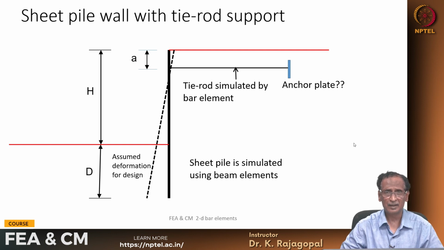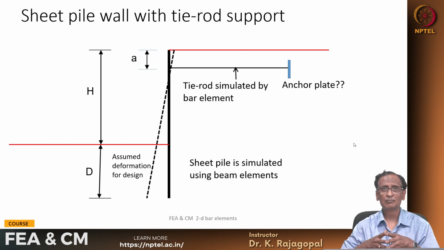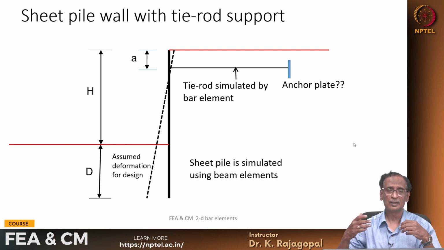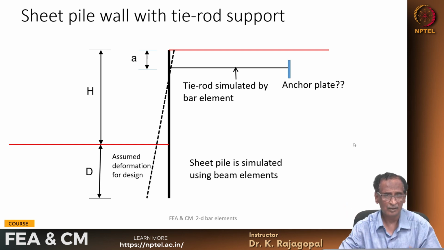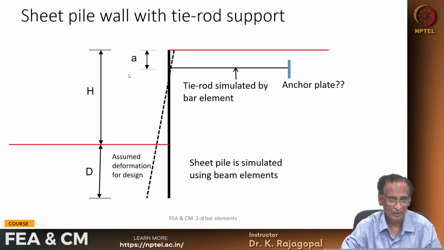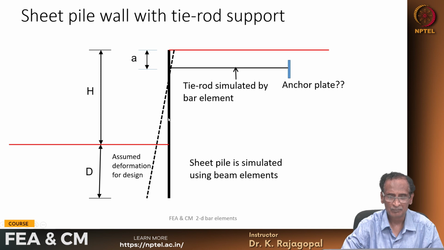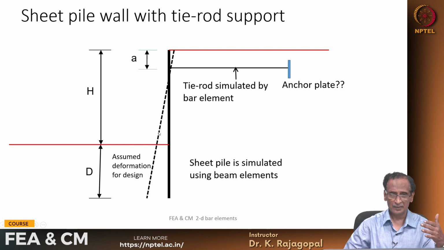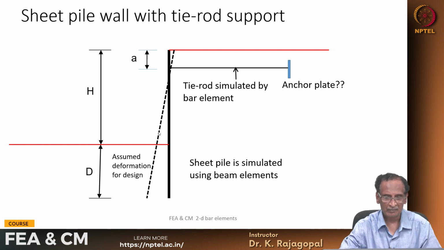So what is the practical application for all these elements that we have been talking about, the axial elements and then the beam elements and so on? One typical application could be sheet pile walls with a tie rod and possibly with an anchor plate. All of you would have analyzed this type of structures in your foundation engineering courses.